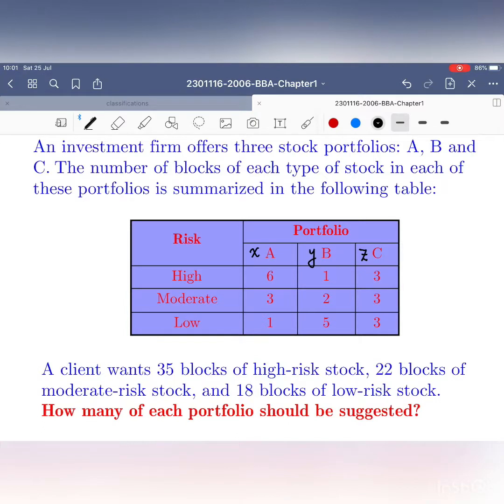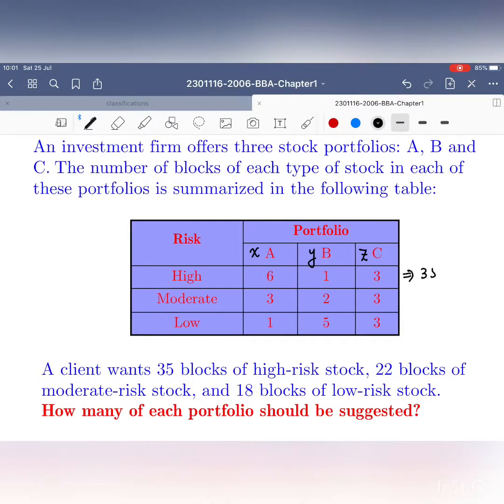Then let's look at it this way. If you invest one portfolio in A, how many high risk blocks do you obtain? 6. So we are talking about the high risk, and in total you need 35 blocks of high risk.